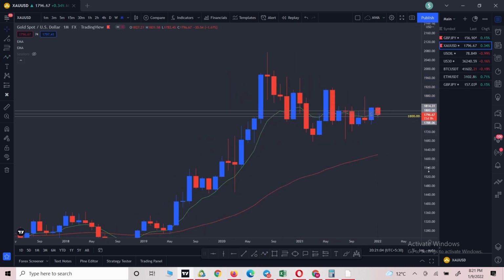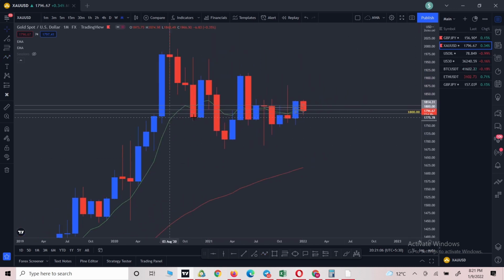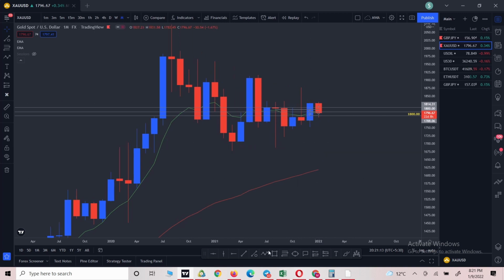At the same time, I would like to tell you that this is a zone which the price retested multiple times, and it's an area of interest. So if we mark these specific zones here, this is going to be the zone. This is an area which the price rejected multiple times. The price came, rejected the zone, then broke and closed below the area, but the buyers pushed the price higher.